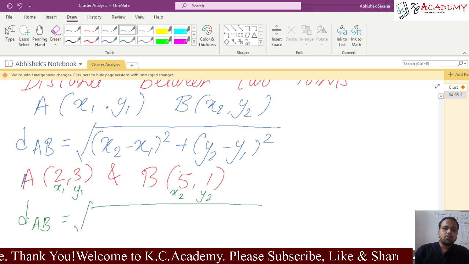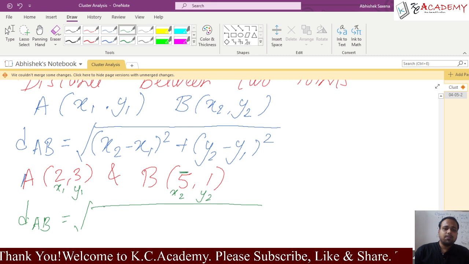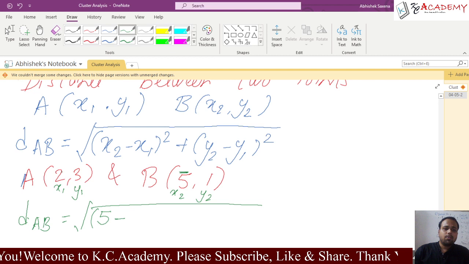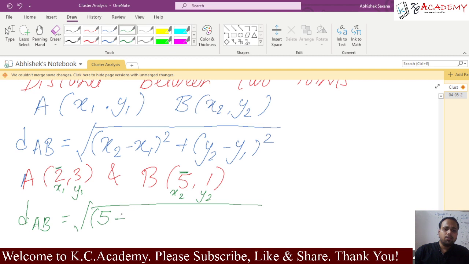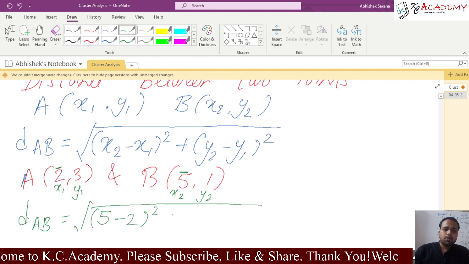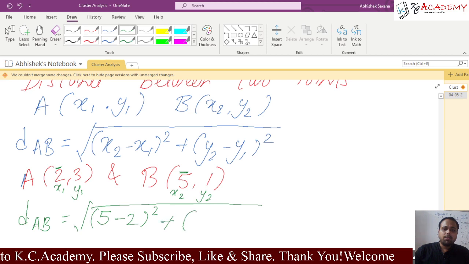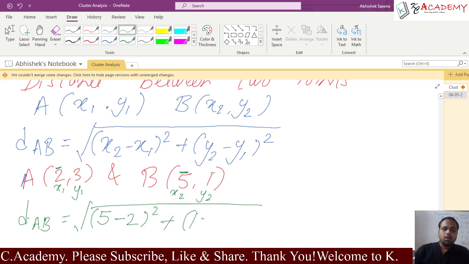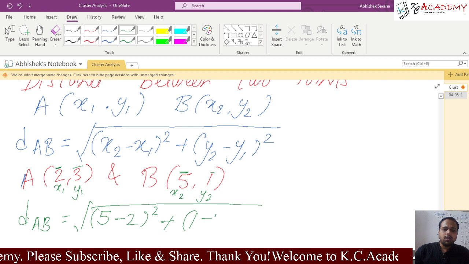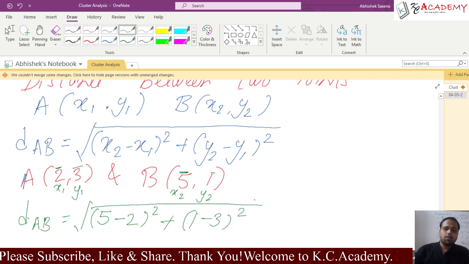What is x2? That is 5. So 5 minus, what is x1? That is 2, whole square, plus, what is y2? That is 1, minus, what is y1? That is 3. 1 minus 3 square.